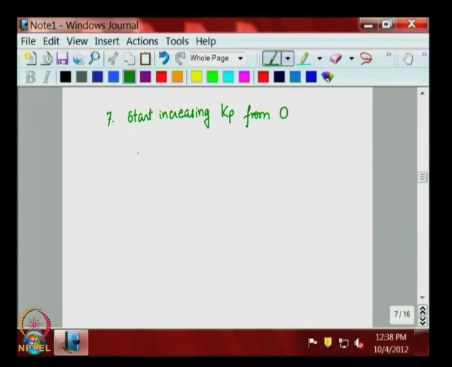So, as you start increasing Kp value from 0 and then look at the transient response, with a particular value of that integrator, you would see that, let us say, it had a profile like that.